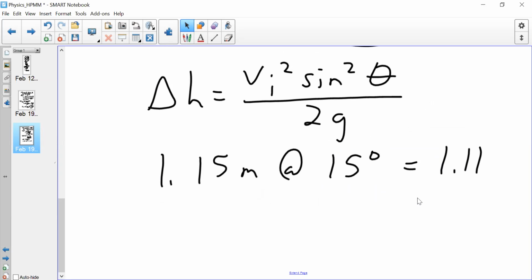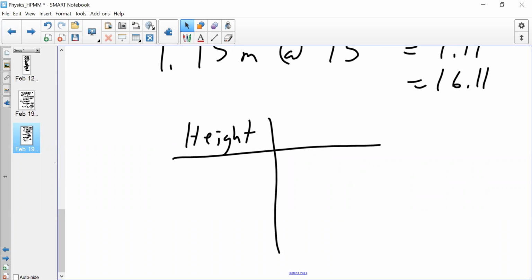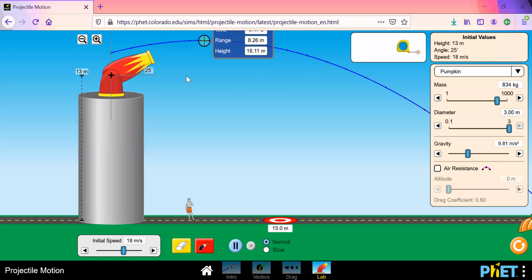So you're going to take that 16.11 and put it into a data table that looks like this. Height versus time. They give you the time already. So you're going to do 16.11 meters, and the time is given there, 0.47.